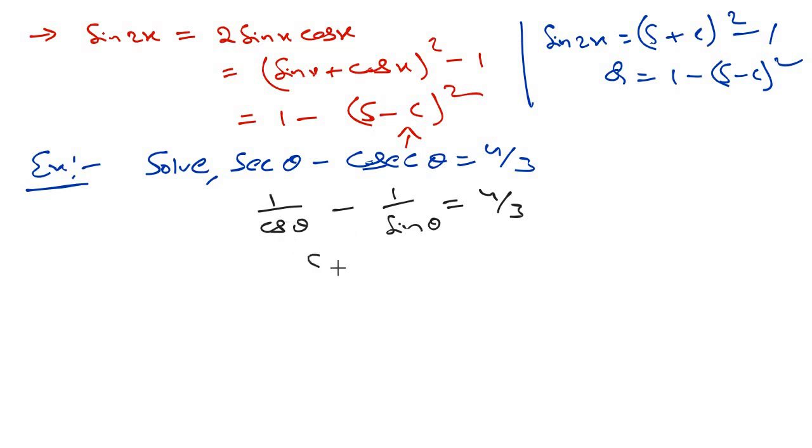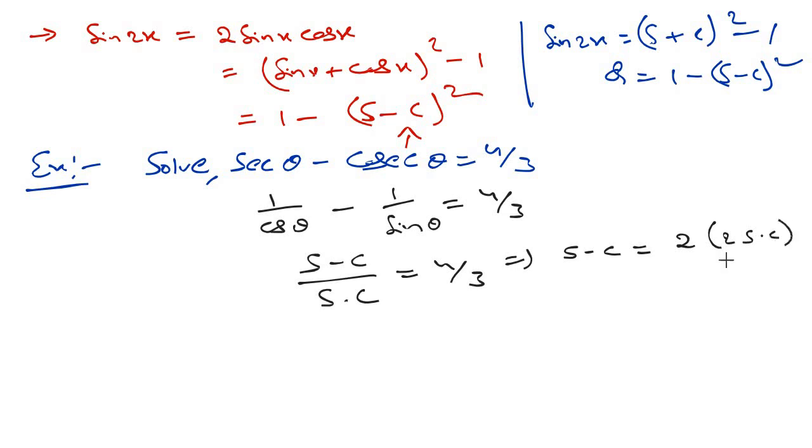After taking LCM it becomes (sin minus cos) divided by (sin theta into cos theta) equals 4 divided by 3.